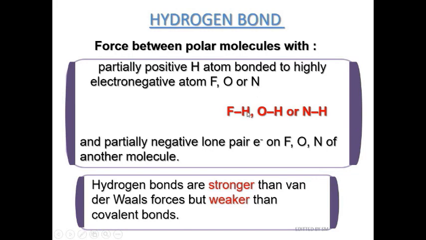That means a hydrogen atom bonded with fluorine, oxygen, or nitrogen. The second requirement is a partially negative lone pair of electrons on fluorine, oxygen, or nitrogen of another molecule. So, we have two requirements for the formation of a hydrogen bond.